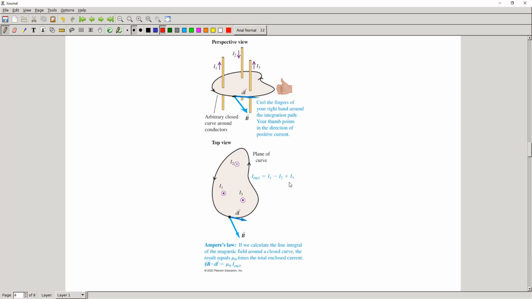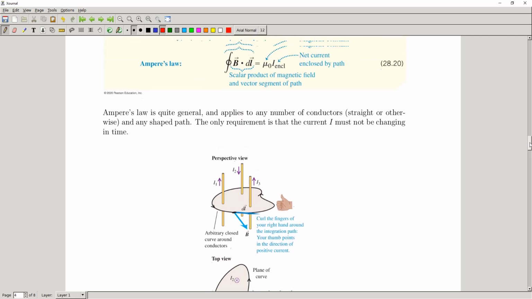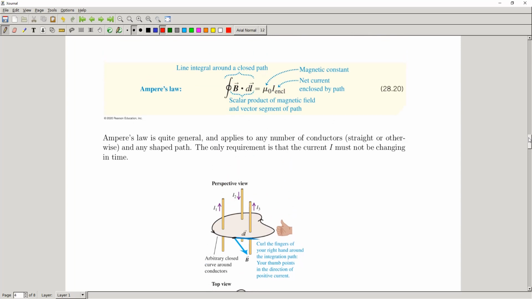And so using this Ampere's law, if there's sufficient symmetry, we can often get at B much more easily. The same way we use Gauss's law to look at enclosed charge and get E from where we can pull out E from that integral. Same thing is going to happen here. We're going to look at enclosed current.